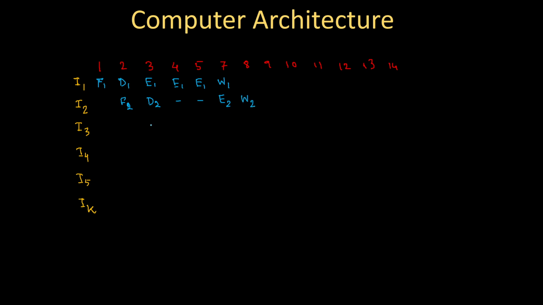Instruction 3: fetch, then decode is not possible, so it waits, then execute, write back. Similarly for instruction 4, fetch must be possible because after fetching it goes to the instruction queue. Decoding is not possible at first, but then decoding of the 4th, execution of the 4th, write back of the 4th.